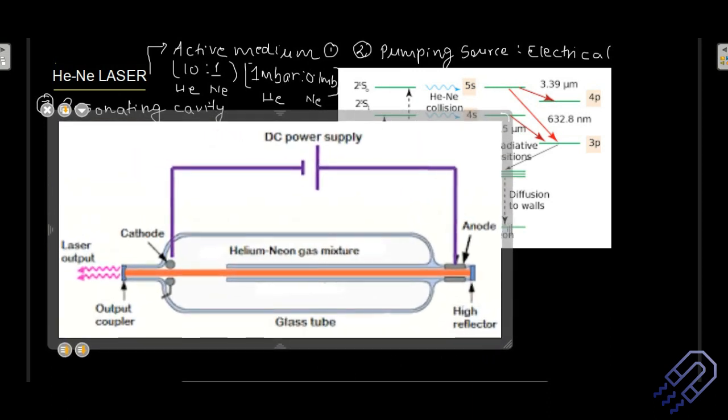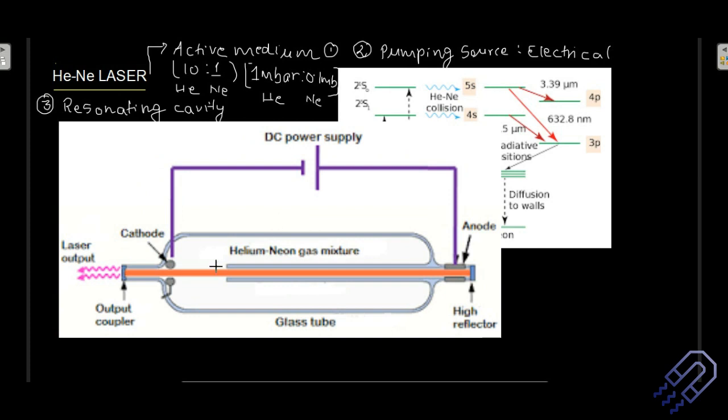So if you look here, you can see that you basically have an enclosed chamber and we have got the helium neon gas within it. Now on one side we have got the output coupler, which is actually a mirror, which is 99% silver. On the other side it is a highly reflecting end because the mirror is 100% silver.